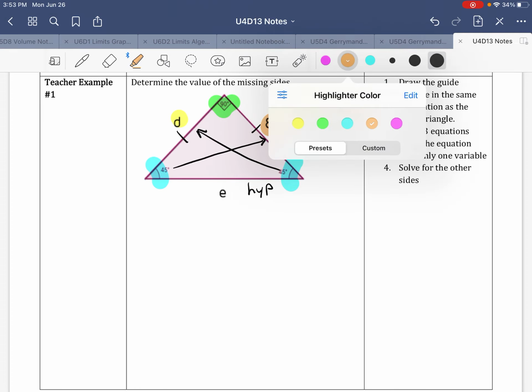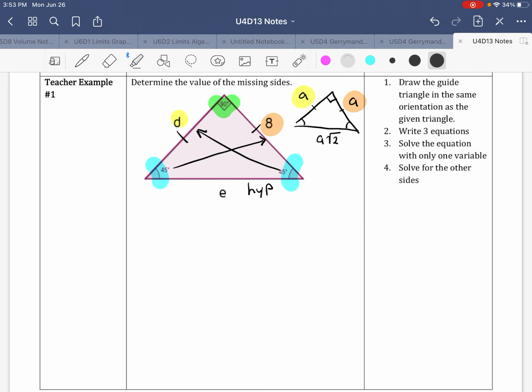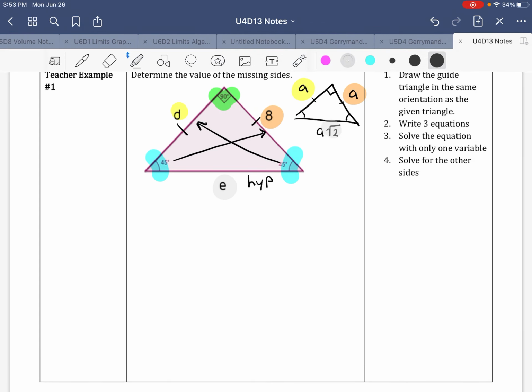And lastly, our E here and our A square root 2 go together. So using those, I'm going to write 3 equations of your corresponding sides. D equals A, 8 equals A, and E equals A square root of 2.